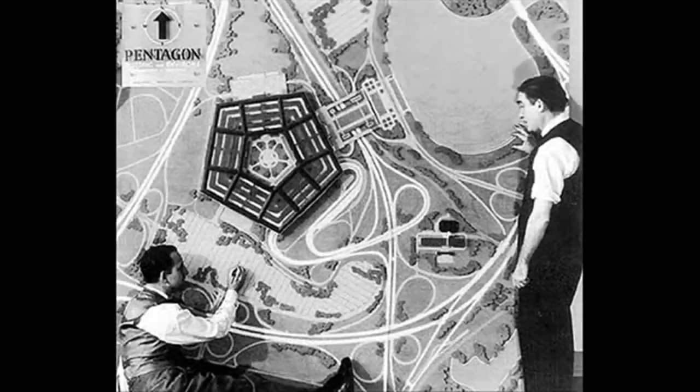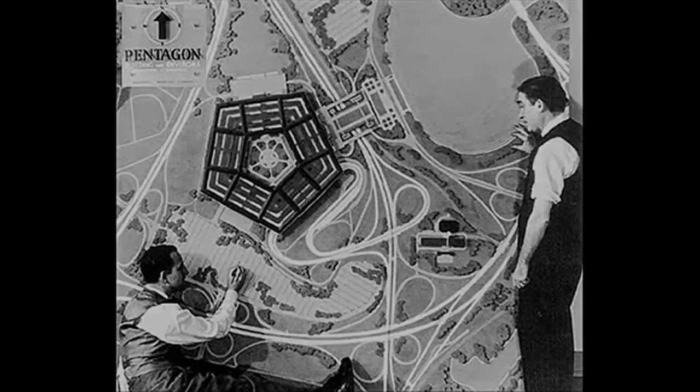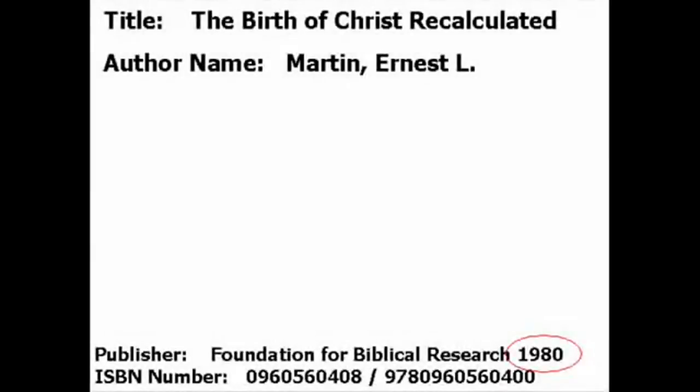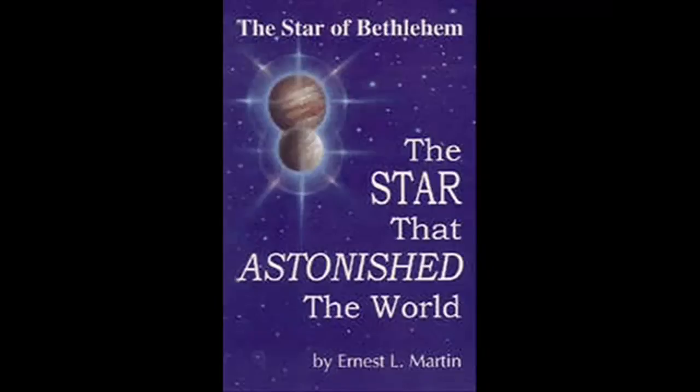Exactly. And then there's something that happened much further back in time. There's a book written in 1981 called The Birth of Christ Recalculated, written by a guy called Ernest L. Martin, and he claims to have calculated the exact date of Jesus Christ's birthday based on celestial charts for that era.